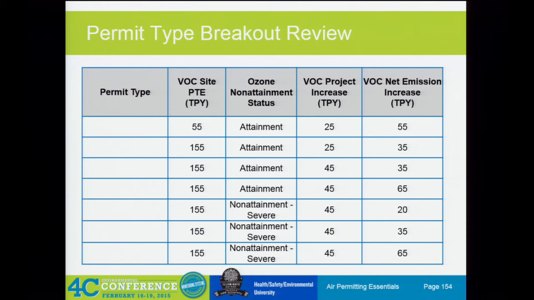In other states that are severe or even moderate, that might be 25 tons per year. Baton Rouge, Louisiana is one example where I know that netting threshold is 25 tons per year. If you're in a marginal category for ozone, that threshold is 100 tons per year.